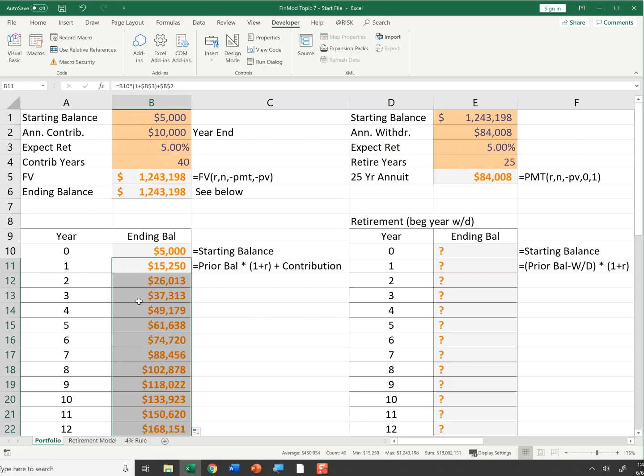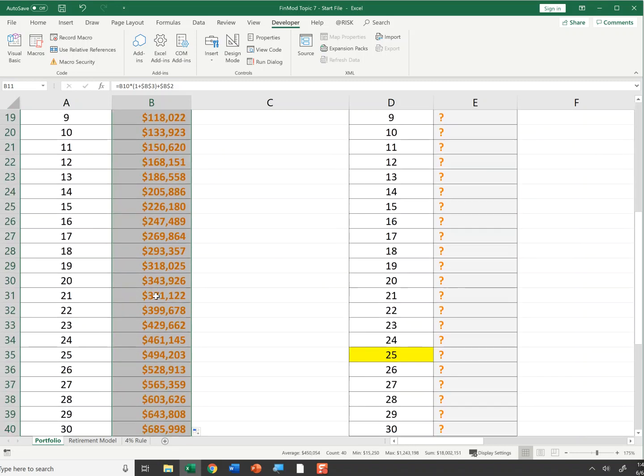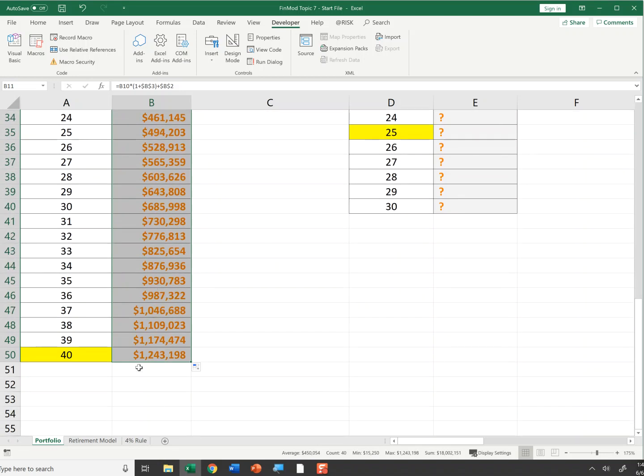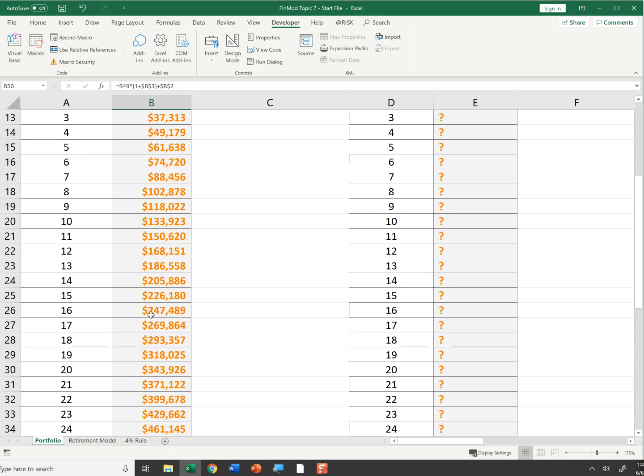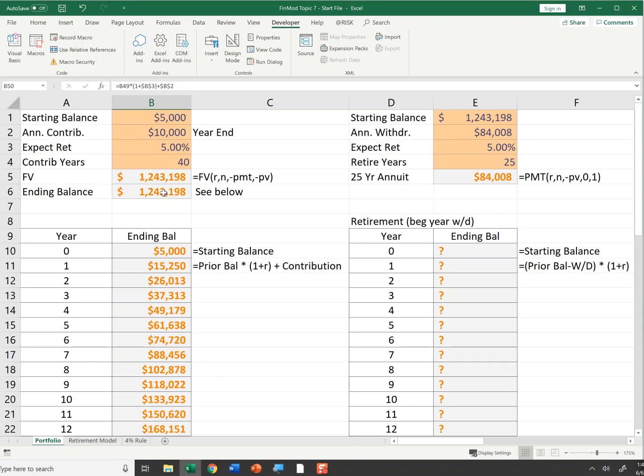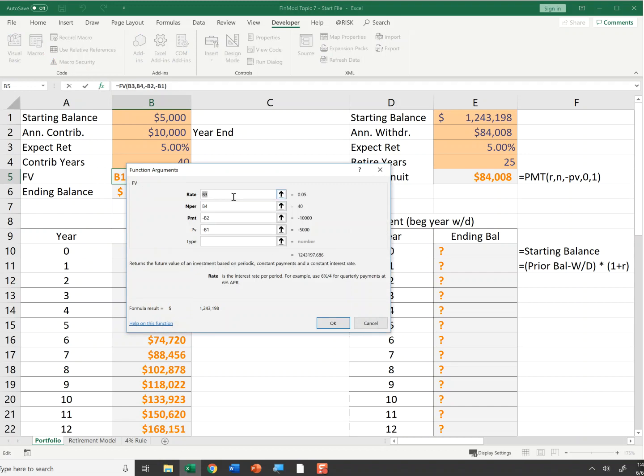I'll copy this down, and you can see 40 years from today, you'll have $1,243,198.